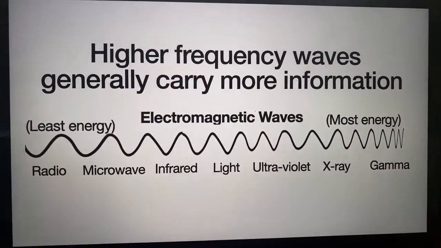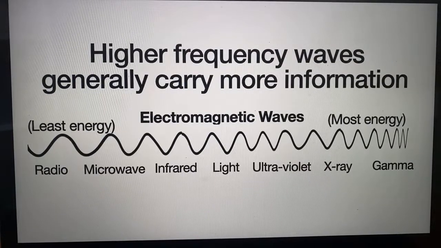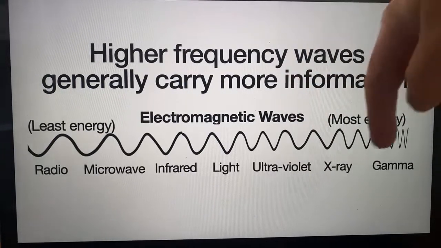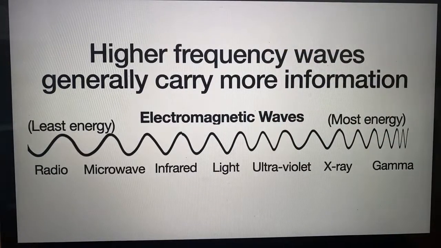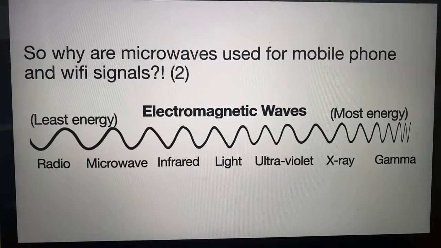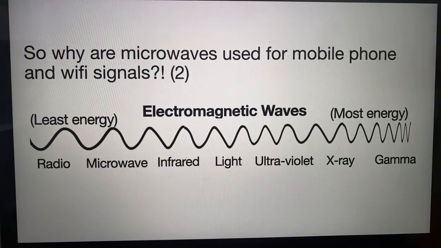So high frequency waves generally carry more information. We've talked about this a bit. More pulses per second, more information sent. So high frequency waves, the ones up here, generally carry more information. So why, question, are microwaves used for mobile phone and Wi-Fi signals? We have talked about this before.